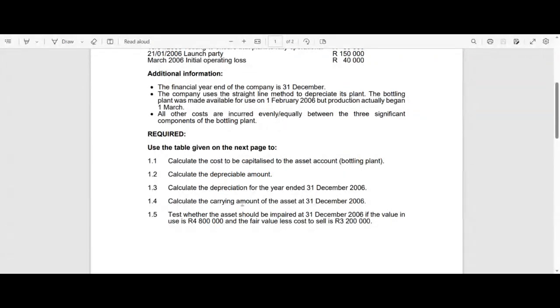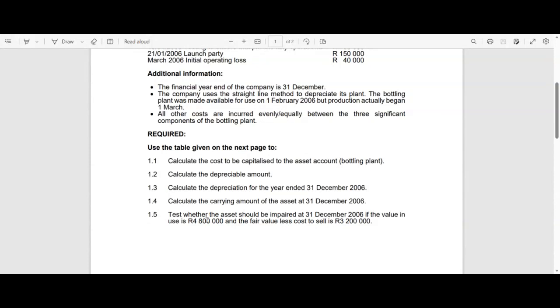1.4, calculate the carrying amount of the asset at that date, and then test whether the asset should be impaired. In other words, should we write off an impairment loss at the end of December 2006 if the value in use is 4,800,000 rands and the fair value less cost to sell is 3,200,000 rands.